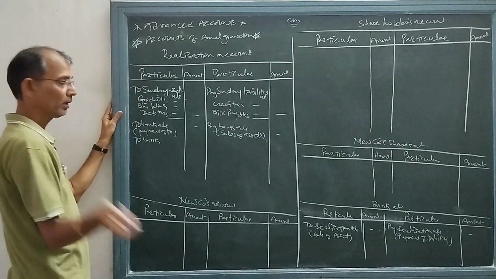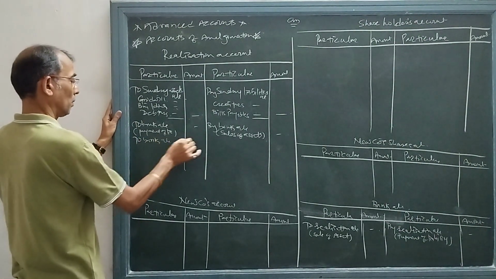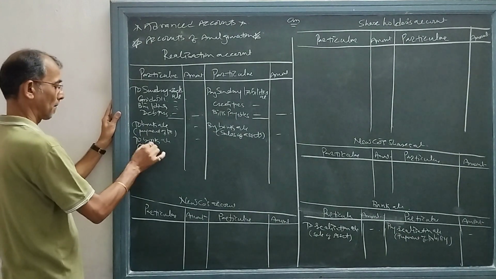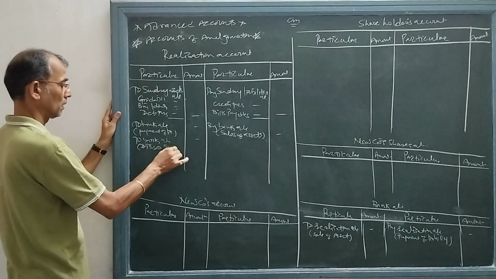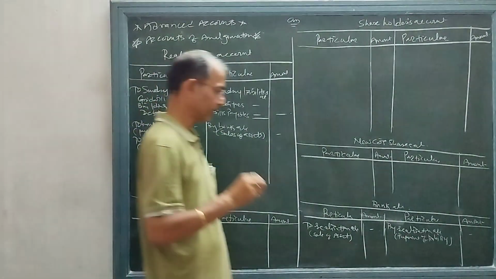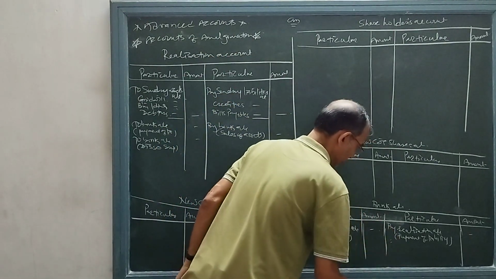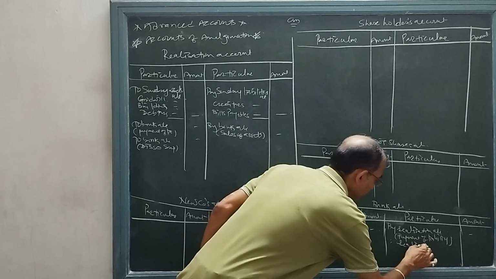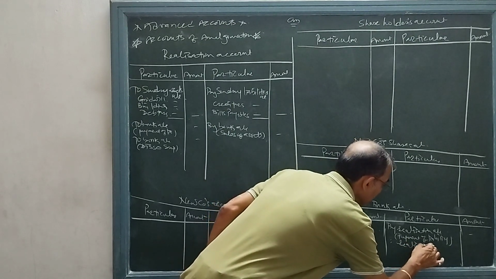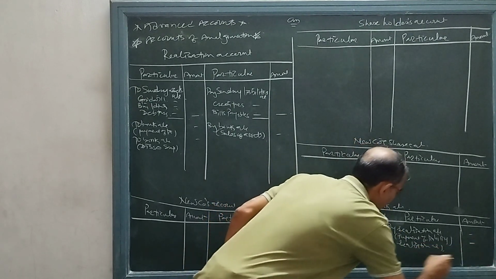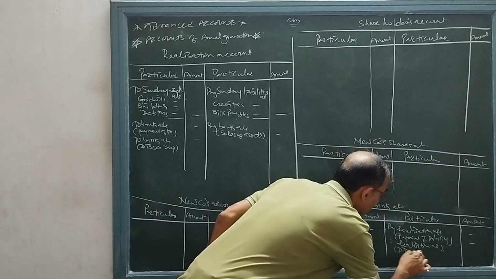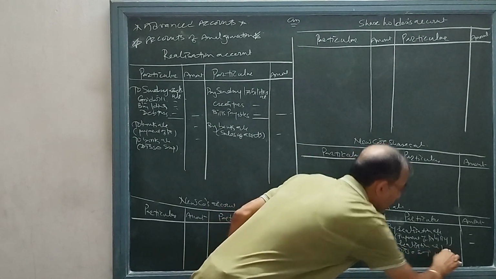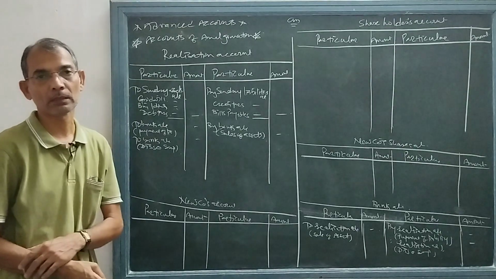If there is any dissolution expense, then on the debit side of the realization account: To bank account, dissolution expense; on the credit side of the bank account: By realization account, dissolution expense.